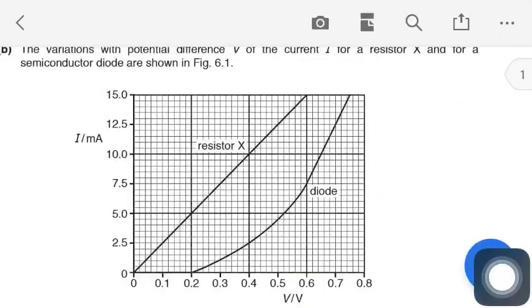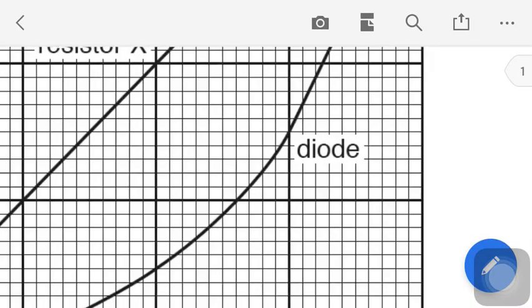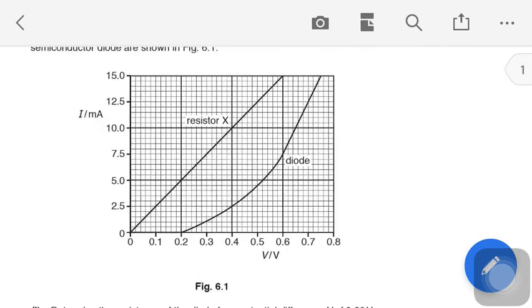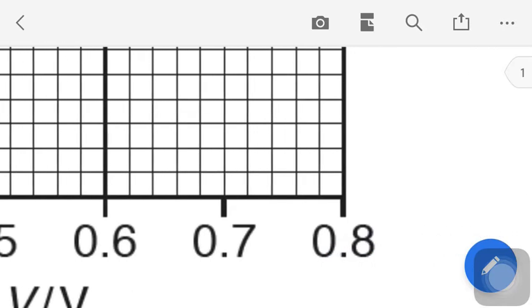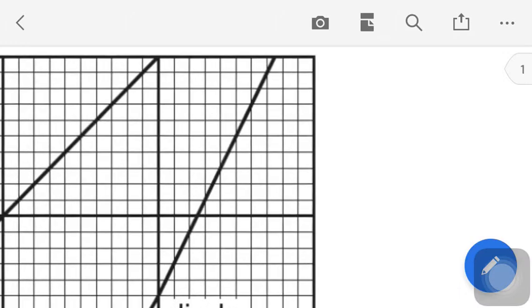So if you look at this graph, after 0.6 volts, so here is your 0.6, after means here. So if you look at the region in that, there's an issue here.